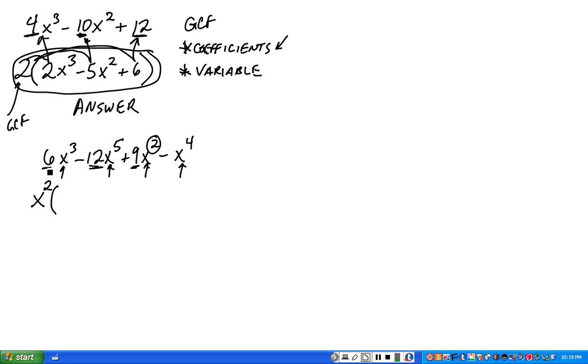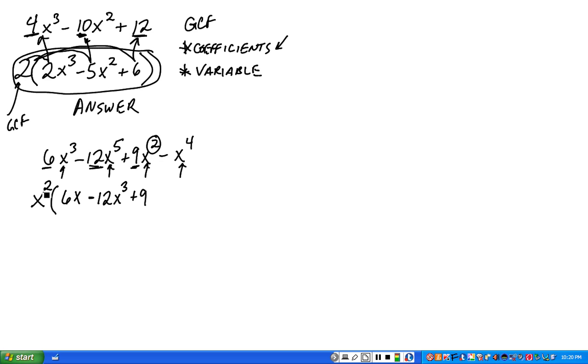So now I don't have anything to break down the 6, so the 6 stays. I have x to the third. I pull out x squared, so 3 minus 2 tells me I have 1x left. Then I move to the next term. So negative 12, nothing to be divided by with the 12, so it stays. X to the fifth, x to the second, 5 minus 2 means I have x to the third. Keep my 9.